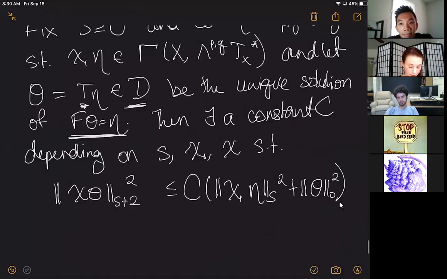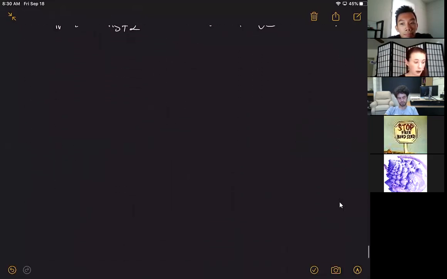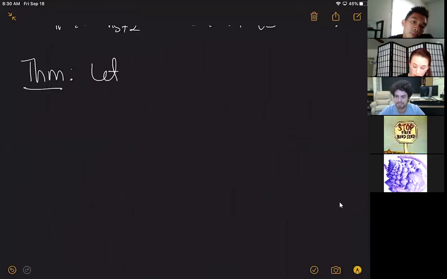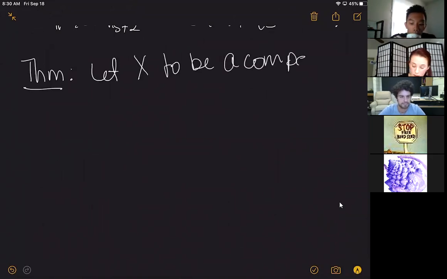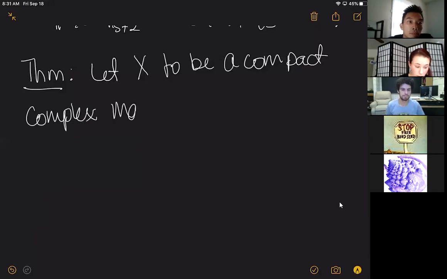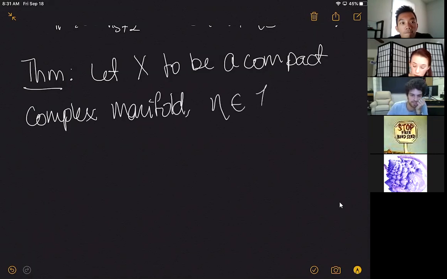Okay. So now we have an actual regularity result in our setting. We have the next theorem: we're taking X to be a complex compact manifold and eta, which we're putting into S_PQ XG.